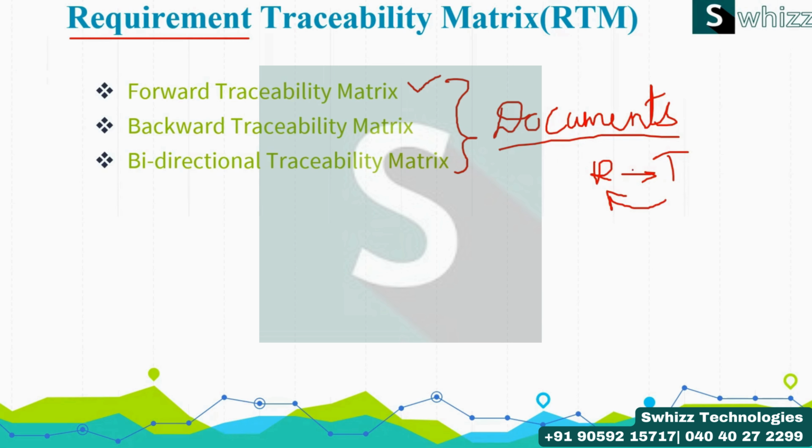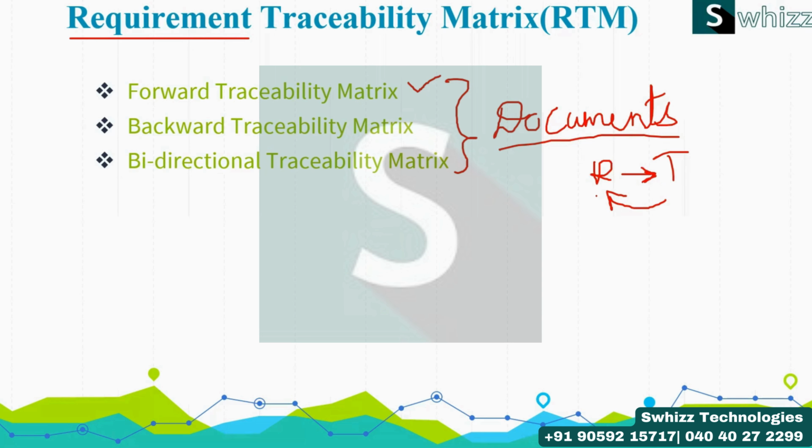In the forward traceability matrix, we have to check that all the requirements are covered. Are all the requirements a part of the testing or not? Is everything included in the test writing or not? And the backward traceability matrix means, are we writing the test cases for the requirements only, or are we expanding into any requirements which are not there in the document?